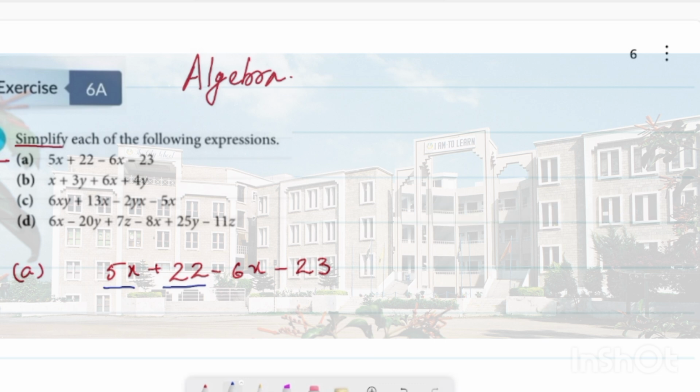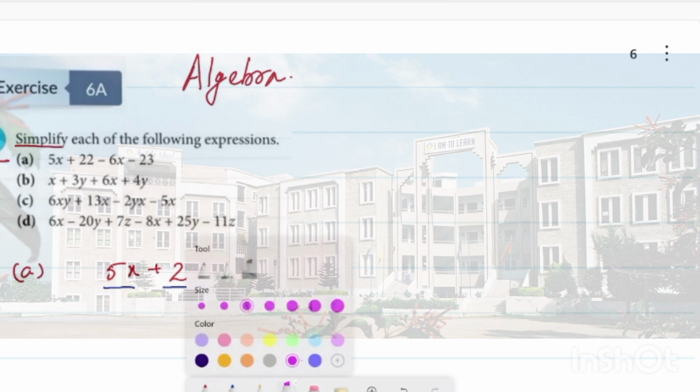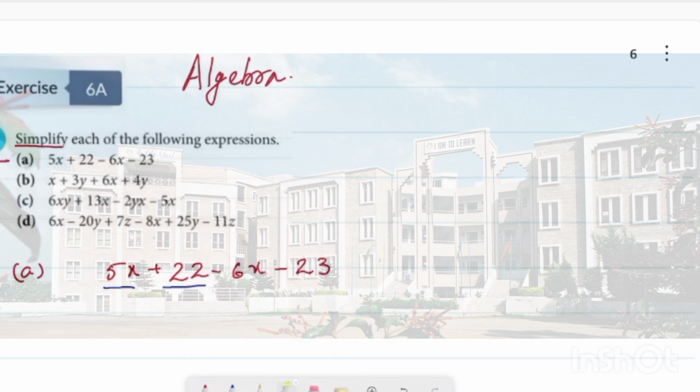But we can add only the like terms. So we have to look for the like terms in this example. Do you see any other term which contains x here? Yes, the term minus 6x. So we have to collect them and arrange them along with the sign.